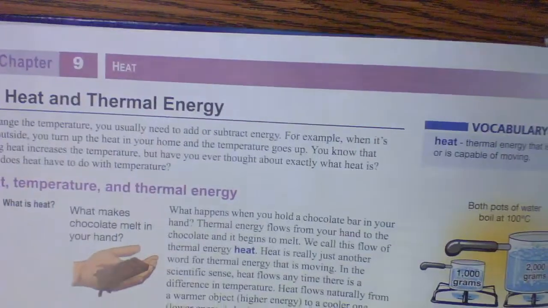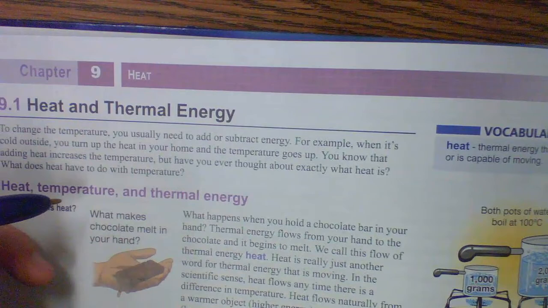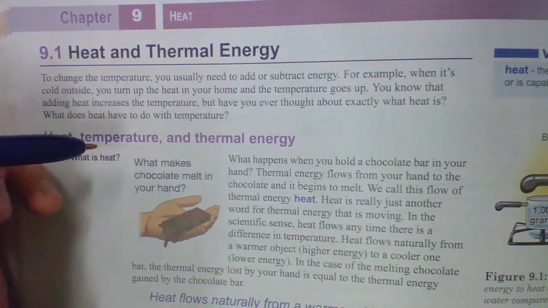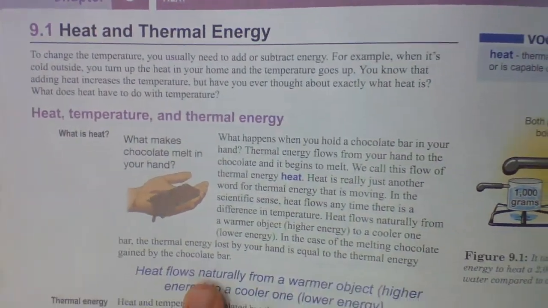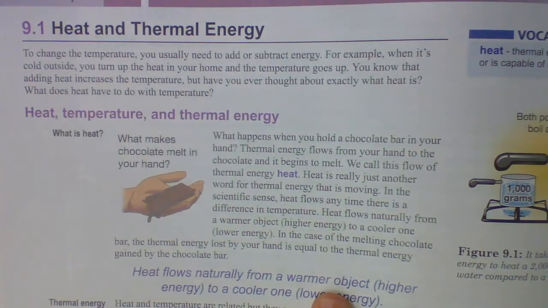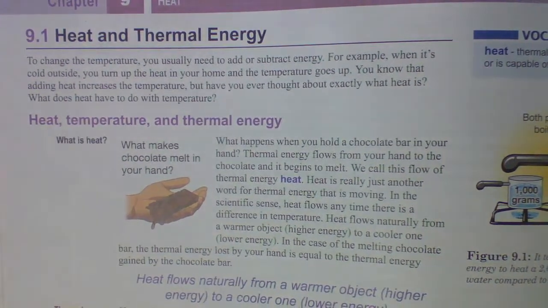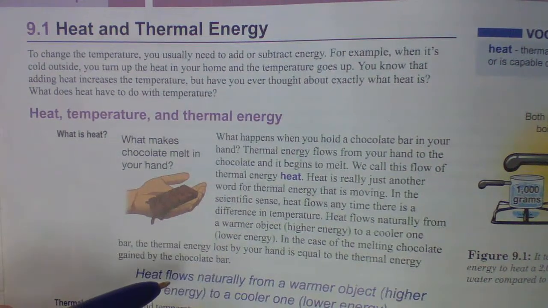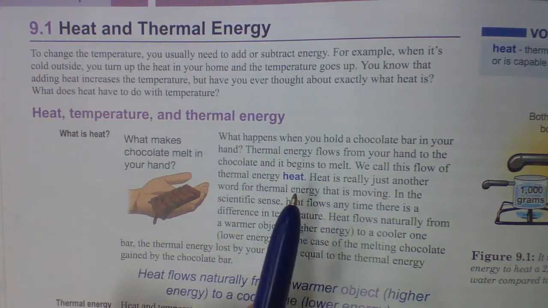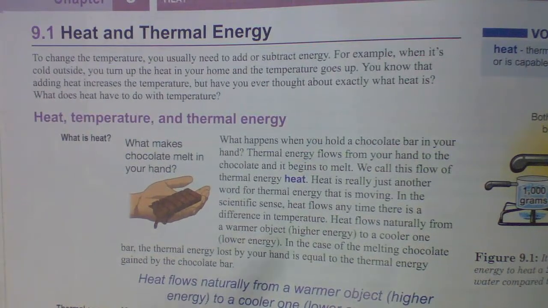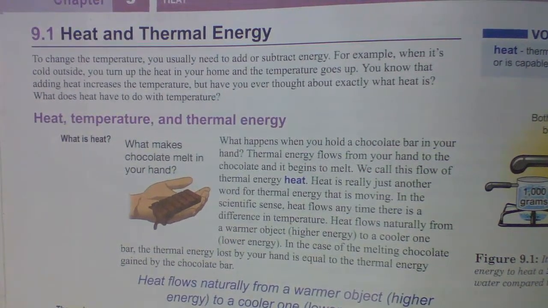So again, as we go through, we talk a little bit about the differences between heat and temperature. And we know that heat is going to flow from warmer objects, or something that has a higher amount of energy, to one that has a lower amount of energy. So the energy flowed from the chip into the can because higher energy was there, lower energy there.